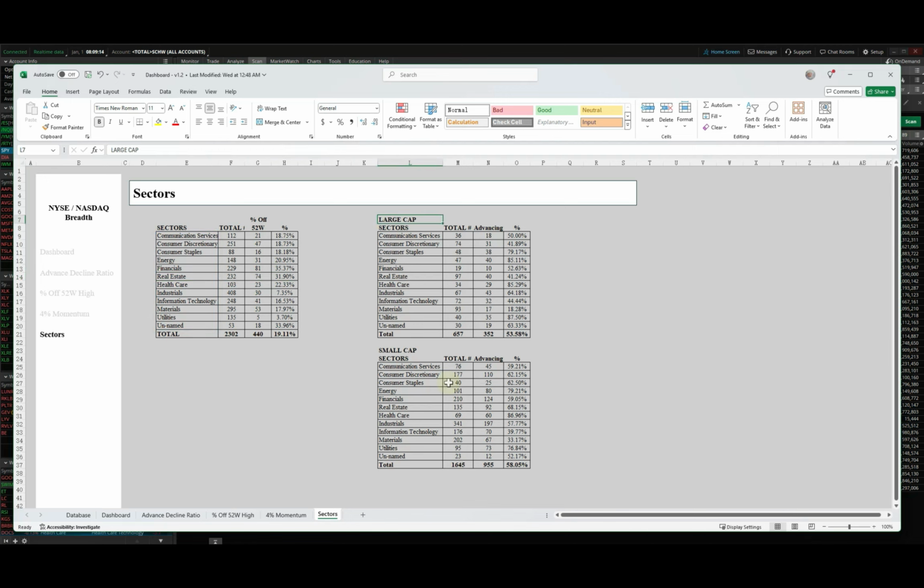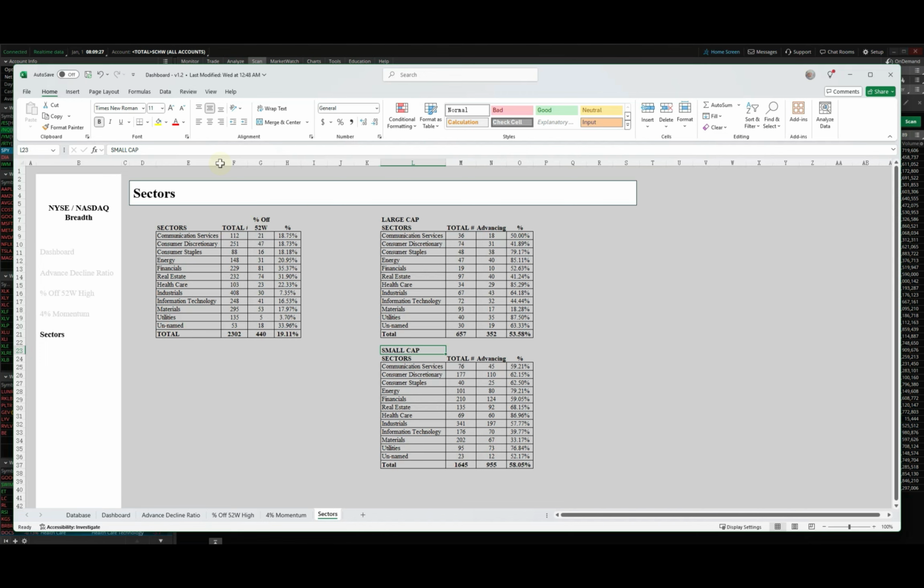And then we have large cap versus small cap. Large cap is greater than 10 billion, and small cap is less than 10 billion dollars. This is also sector-wise. We can check which sector was advancing the highest today in large cap. You see 85%, 85%.